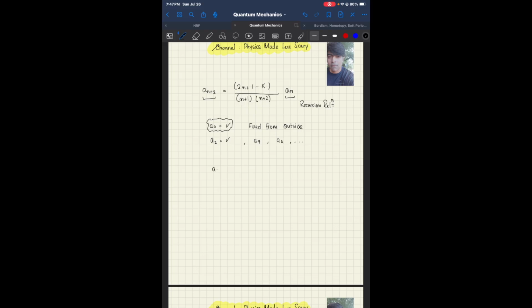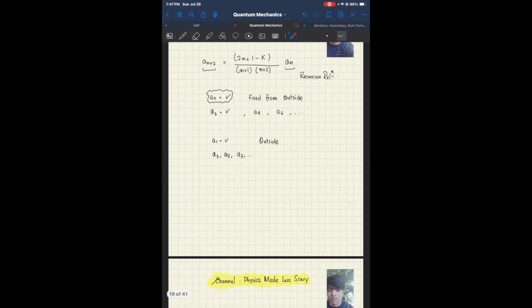Likewise, if someone gives me a1 from outside, this needs to be fixed from outside. Similarly, I know a3, I know a5, I know a7, and so on, right? Simply because if I know a1, I know a3. If I know a3, I know a5, and so on and so forth. Or in other words, in principle, I know this full function, right?